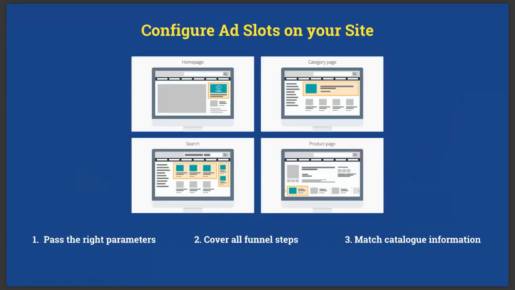We recommend that you set up your Facebook pixels correctly on all the important sale funnel steps on your website, like a customer browsing a particular product page, or maybe adding something to her shopping cart, or the final purchase event. In all these stages, you must ensure that you're passing the correct information to Facebook.